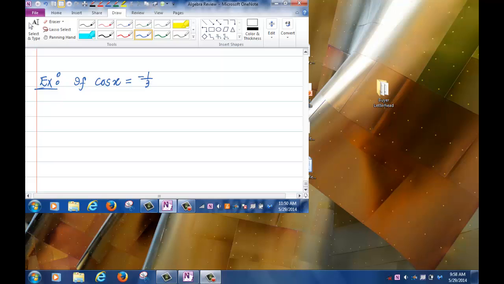I have been using x and y for denoting coordinates of the point P. Now I'm saying x is an angle. Cosine of x, so x is an angle here. So cosine x is negative 1/3, and x is between pi and 3 pi over 2.